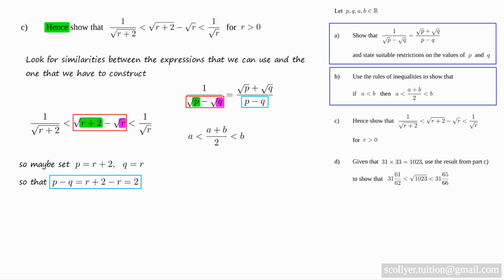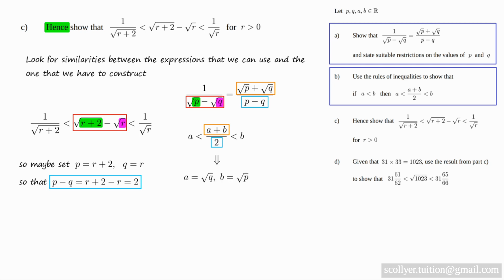Here is the expression from part B, and we note that the denominator is 2. That would suggest that A plus B is playing the role of root P plus root Q, since we know that the denominator of the expression from part A is also 2.